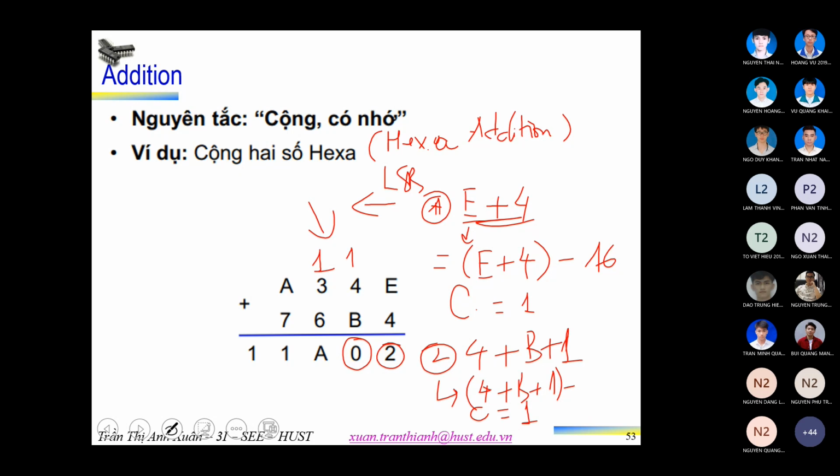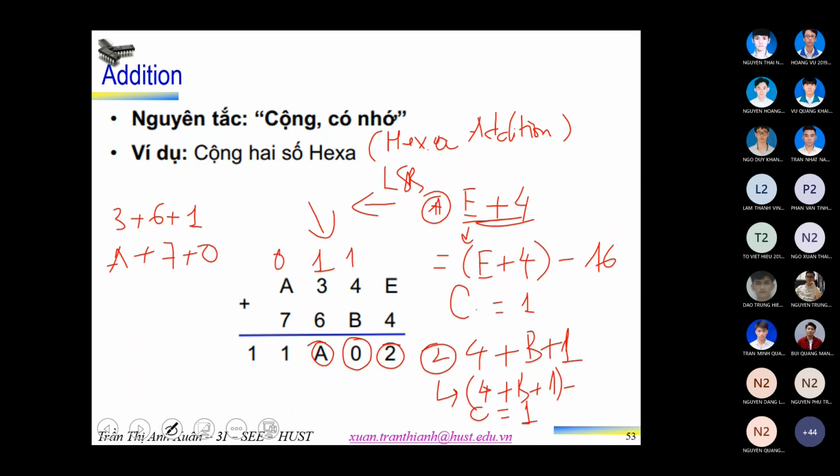The next, we choose 3 plus 6 plus 1. So here it equals 10. We can convert to the hexa number and write it here as a character. And finally, we have the formula A plus 7 plus 1 plus 0.